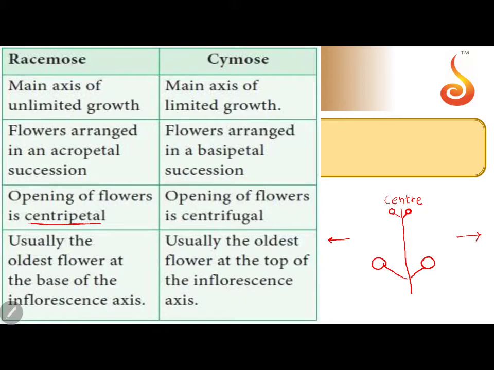Naturally, which flower will open first? The one which matures first. The flower which appears first will mature, so the older flowers will open first, then the younger flowers will open. So how is the opening of the flowers occurring? From periphery to the center.